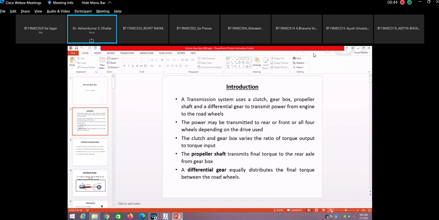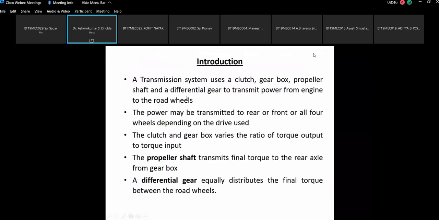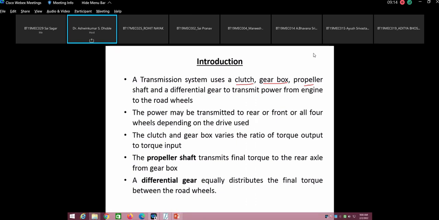Now we have seen that a transmission system uses a clutch, gearbox, propeller shaft, and a differential gear to transmit power from engine to road wheels. The power may be transmitted to rear or front or all the four wheels depending upon the type of the drive used.